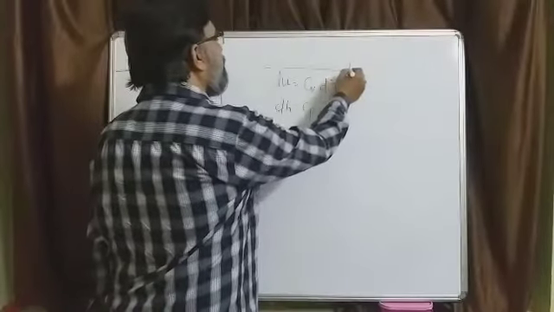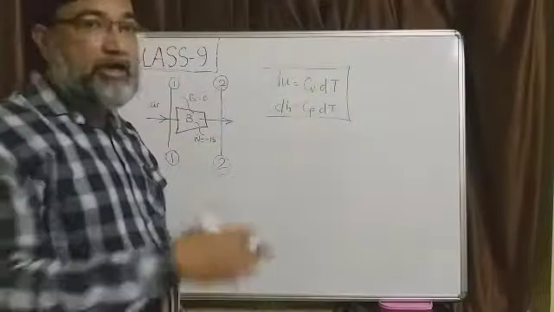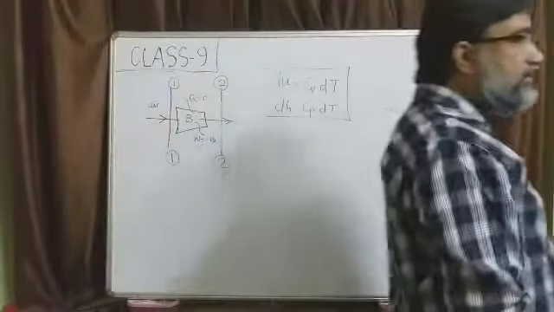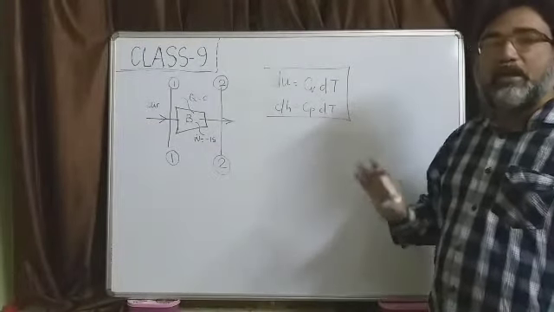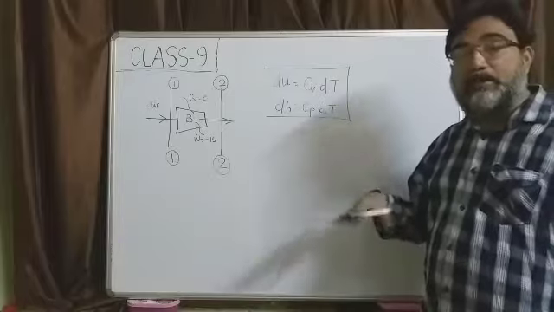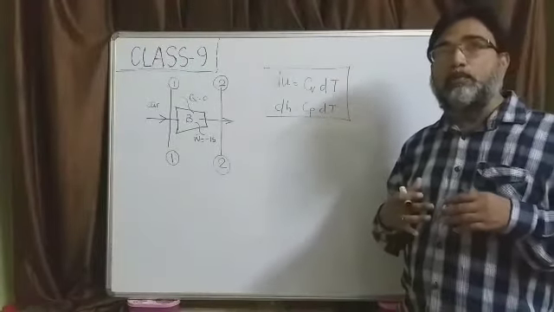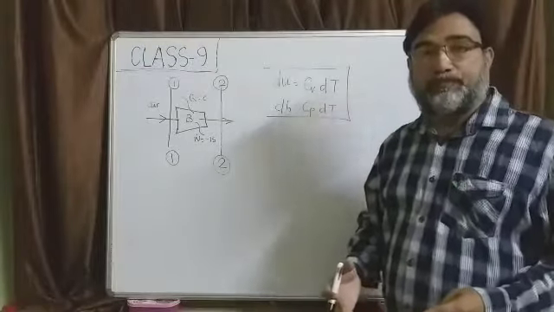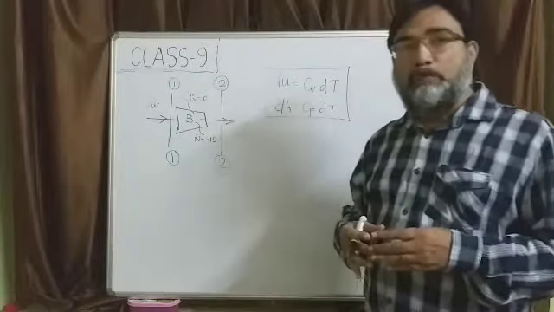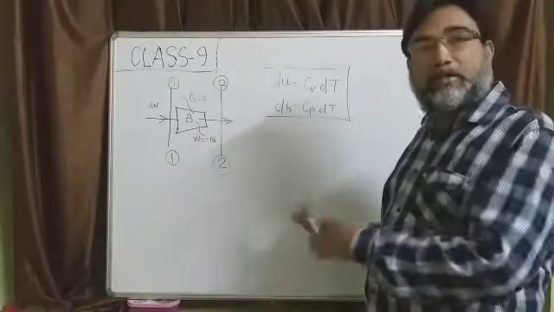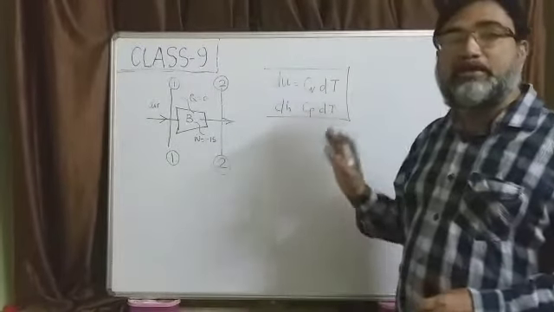For the time being, for this class, till we go to thermodynamic relations in the subsequent classes, please remember that du is Cv dT and dH is Cp dT. Later, when I will be teaching you thermodynamic relations, using equations like Maxwell's equations, we will mathematically establish how du is equal to Cv dT and how dH is equal to Cp dT.